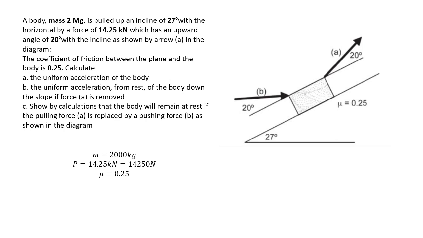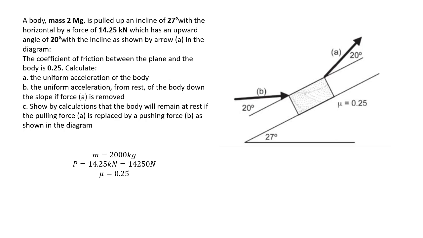Now they want us to find A, the uniform acceleration of the body with the force pulling it forward, and B, the uniform acceleration from rest of the body down the slope if the force is removed.